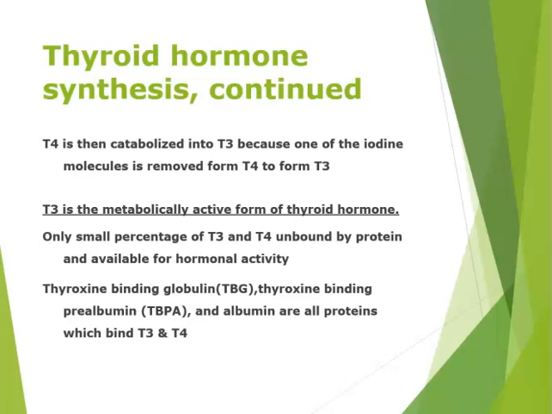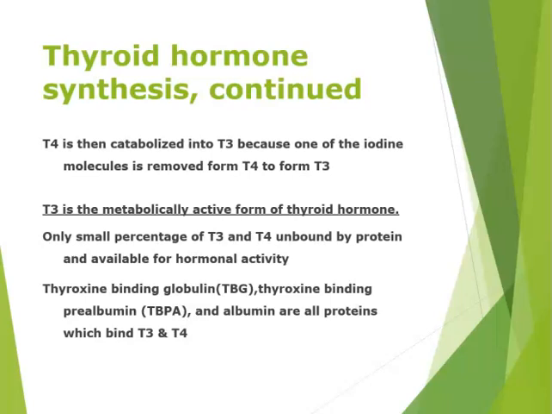T4 is then catabolized into T3 because one of the iodine molecules is removed from T4 to form T3. So T3 is the metabolically active form of the thyroid hormone.